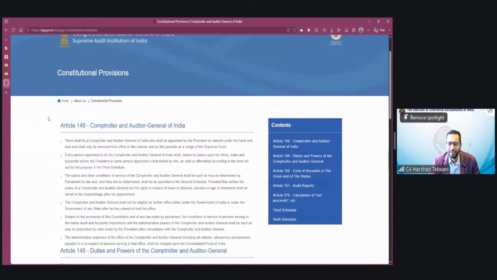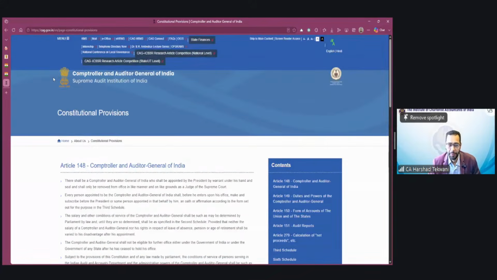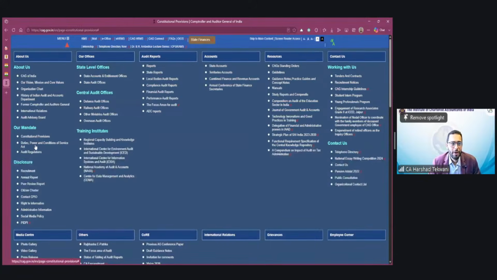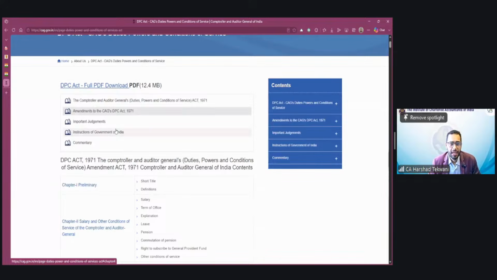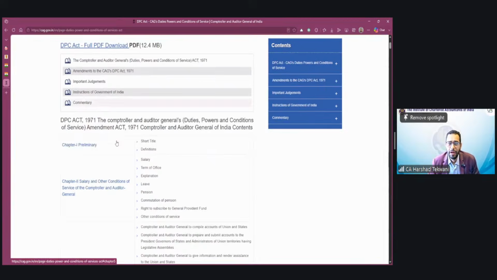So these are the basic constitutional provisions that we have discussed already. Now, apart from that, there is an act known as the Comptroller and Auditor General's Duties, Powers and Conditions of Service Act, 1971. We call it the DPC Act, 1971.